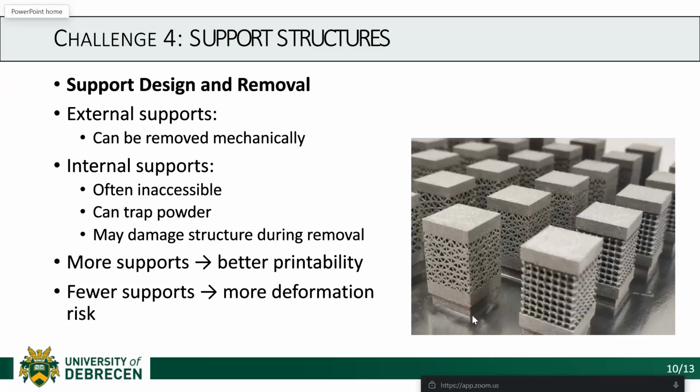In this case, it is not really hard to remove, so we can use a saw machine to cut the support, but in the case we have to remove the support inside the structure, inside the model, inside the specific part, it is really hard and causes many problems.